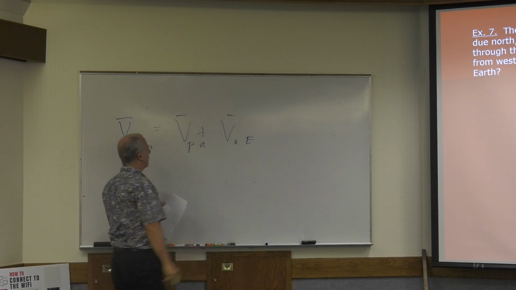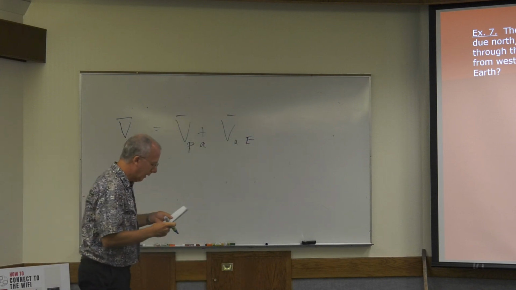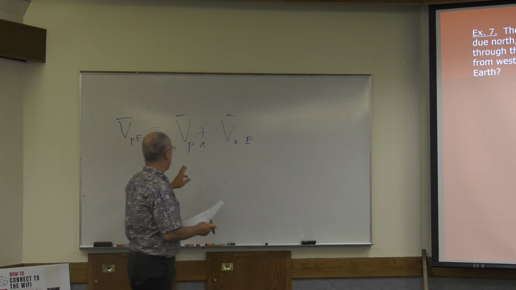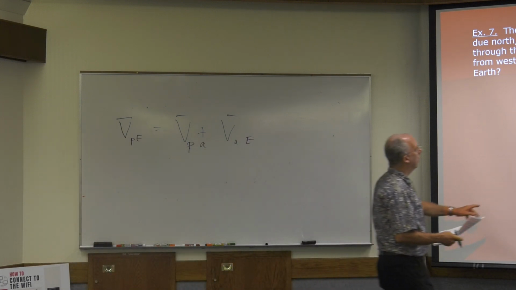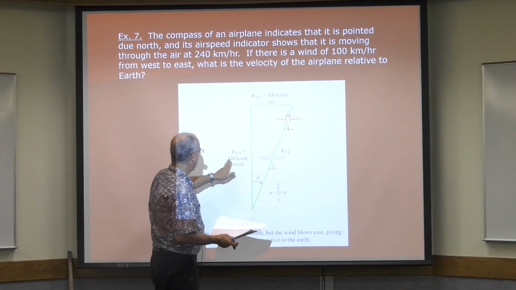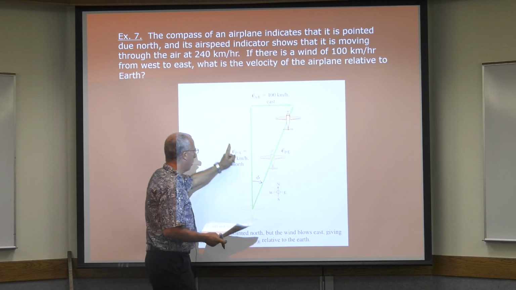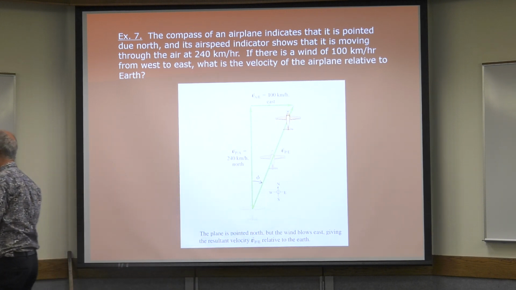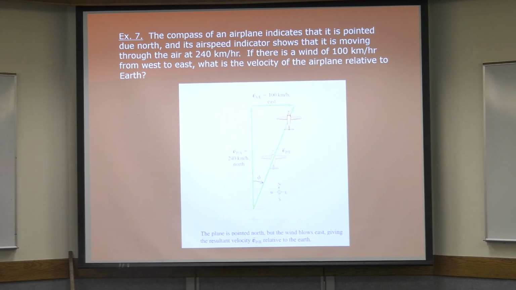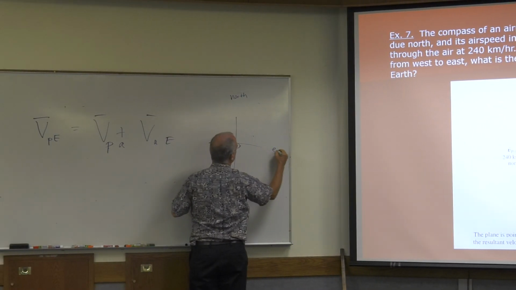Don't forget the vectors. Now, let's see, we've got to figure this out. What do we know? We know the velocity of the plane relative to the air, that's what the compass says, 240 kilometers per hour north. This is vectors, so we got to make up our mind. Let's say that this is north, this is east.